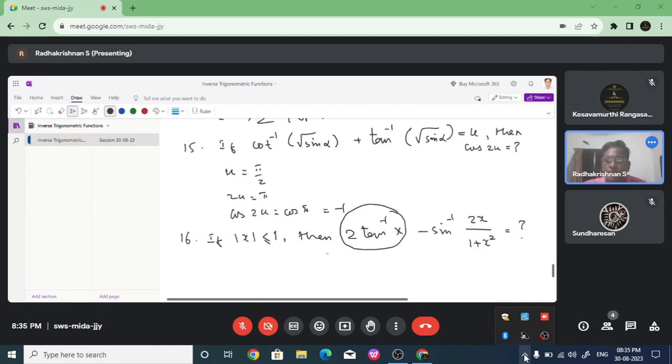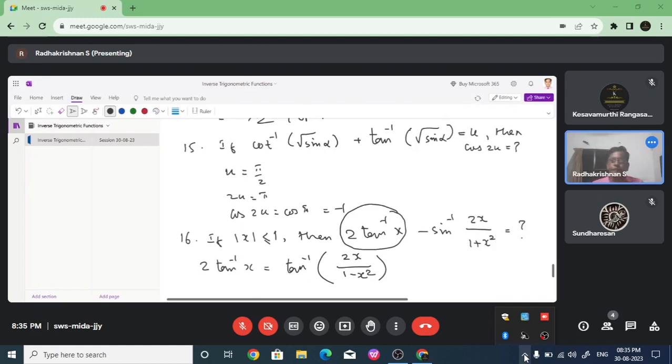So let's apply that. 2 tan inverse of x is equal to tan inverse of 2x by 1 minus x square.